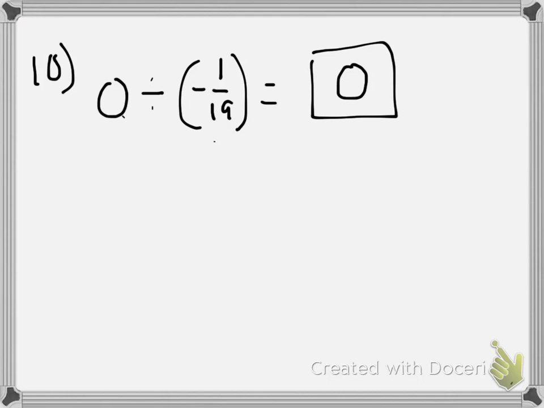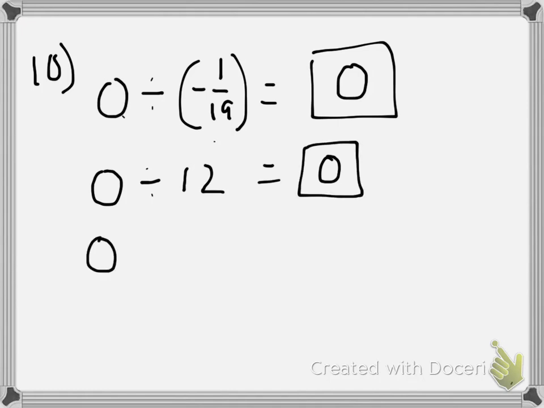So if you have $0 and you have 12 people, they each get $0 each. $0 divided by negative 4 would be $0. So if you start with 0, you'll always end up with 0.